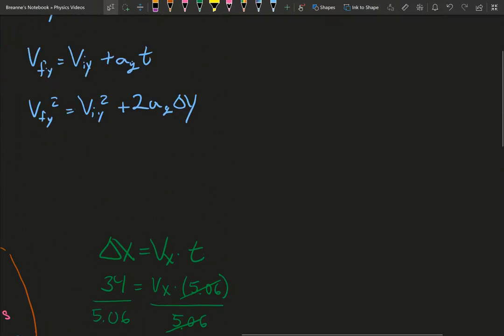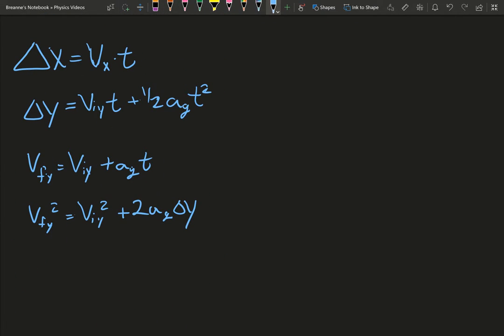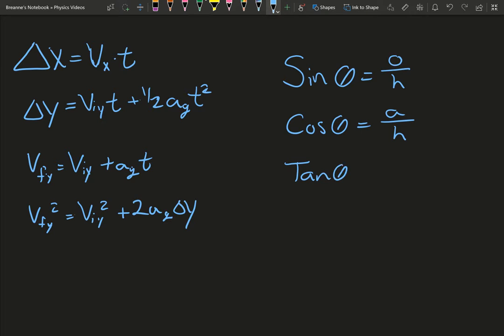And there's some equations that we need to write down. That would be our SOHCAHTOA. So sine theta is your opposite over hypotenuse. Cosine theta is adjacent over hypotenuse. And tangent is opposite over adjacent.